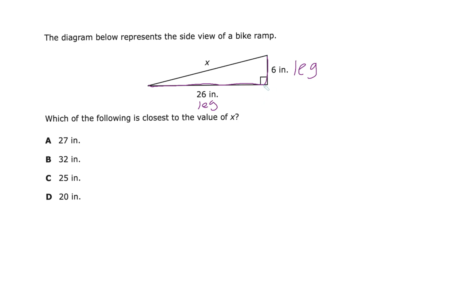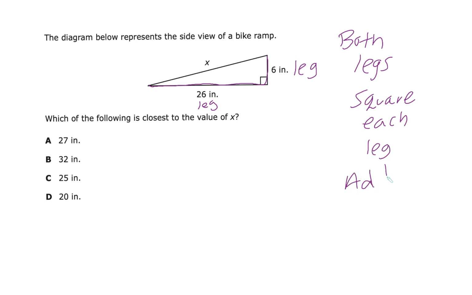And remember, when you have both legs, I'm not going to do it the formula way. If you want to do it, that's fine. If you have both the legs, you're going to square each leg. Then you're going to add, and then you take the square root. So I have 6 squared, which is 36.